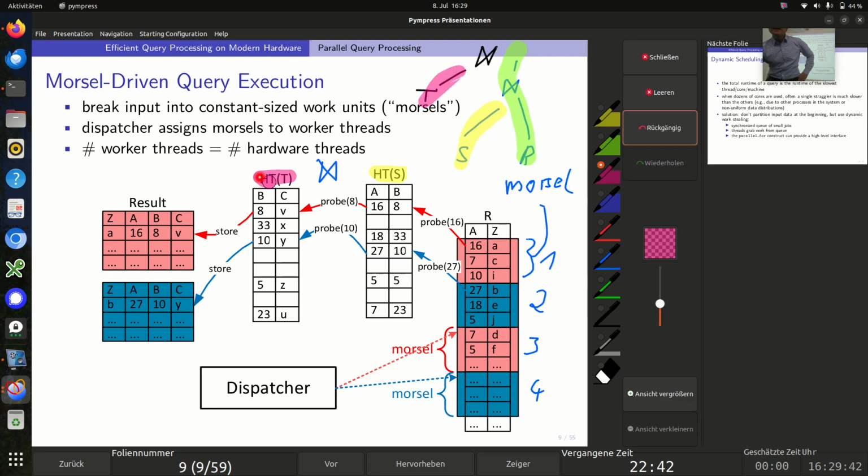So the idea is, we first materialize S and we materialize T. And then we can get all the tuples from R.